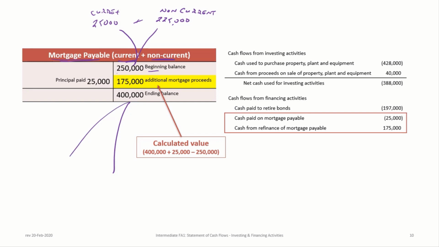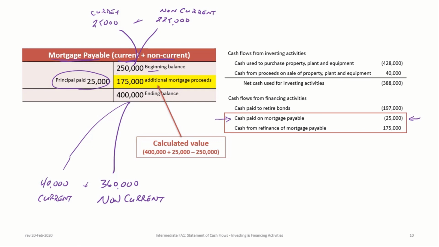This is comprised of $40,000 current plus $360,000 non-current. So these are where those numbers come from. We're also told that $25,000 in cash was paid on the principal balance, so we can show that right here. Cash paid on mortgage payable, an outflow of $25,000.